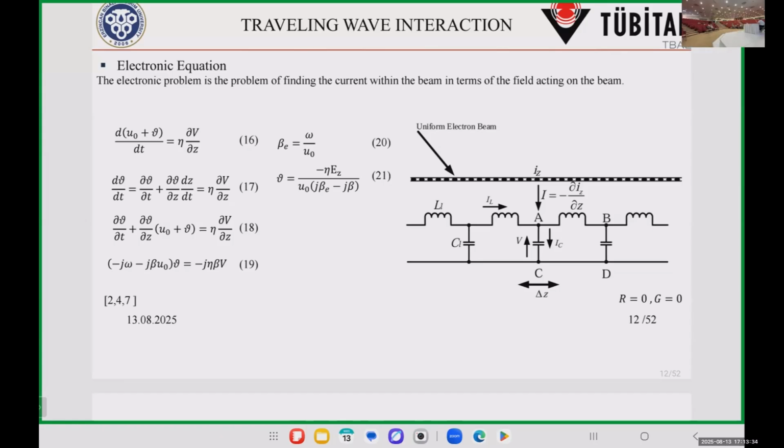You can say that this is a cold process, because there is no beam. We just analyze this helix wave structure. That's my question. Thank you, sir.